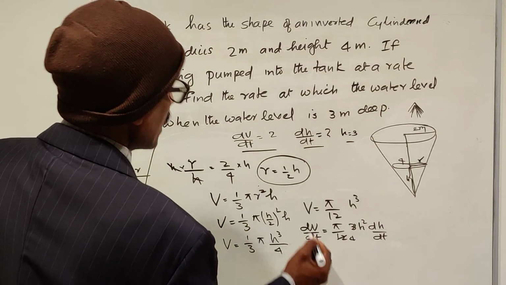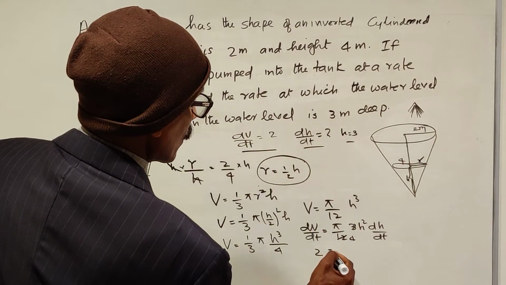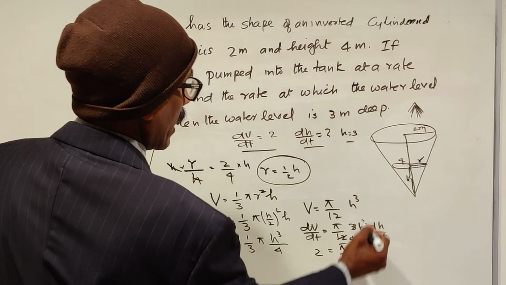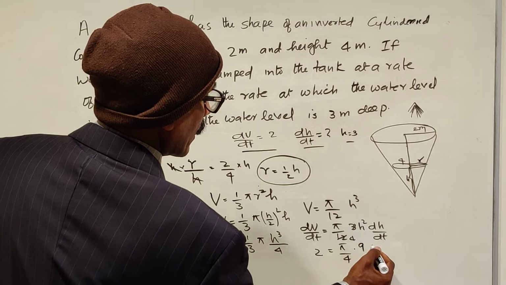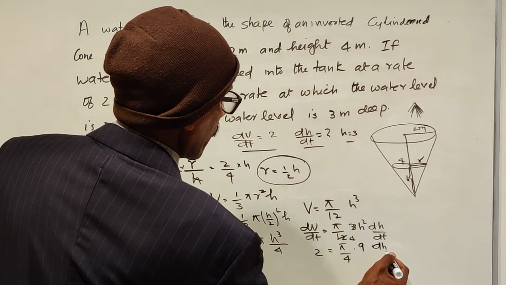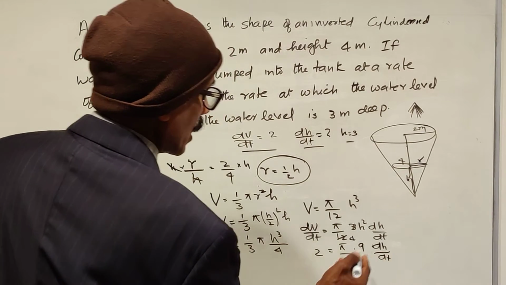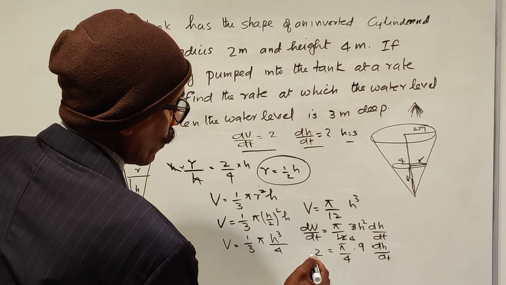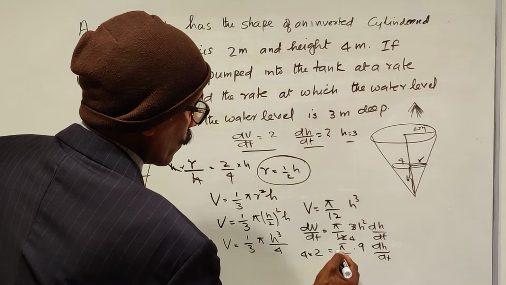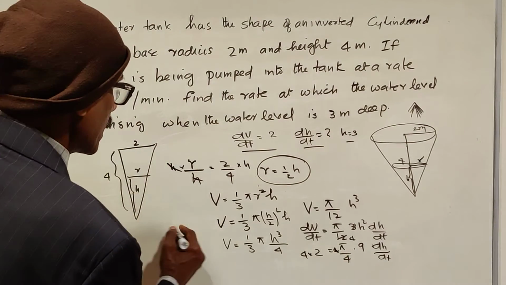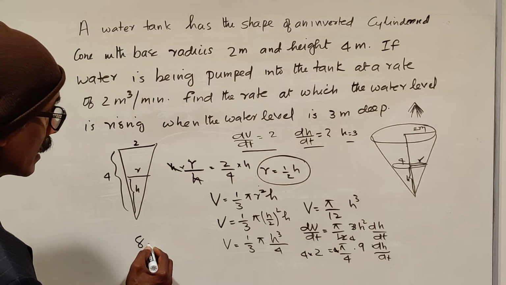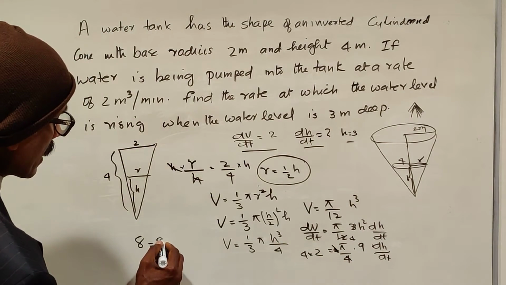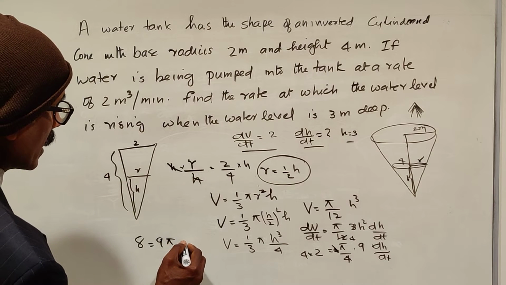So dv by dt is what? 2 equals pi by 4. What is h square? 3 square, 9, into dh by dt. We can find out dh by dt. Multiplying 4 on both sides first, you get 8 equals 9 pi dh by dt.